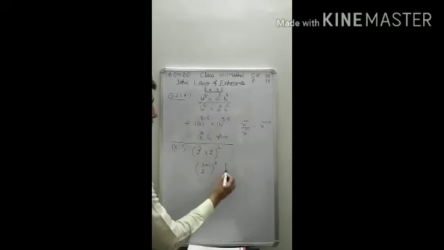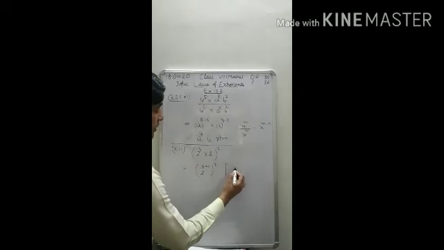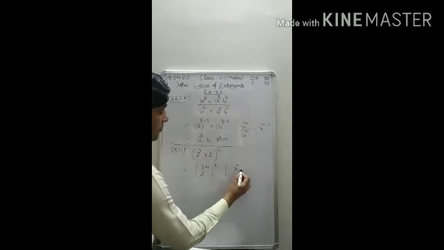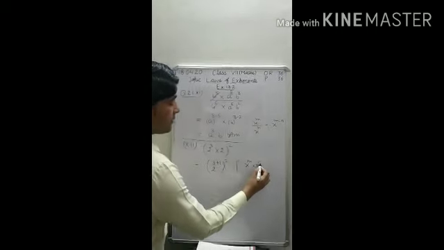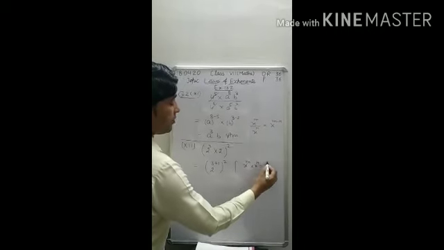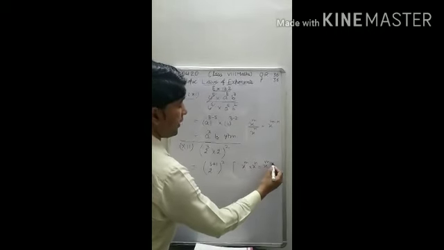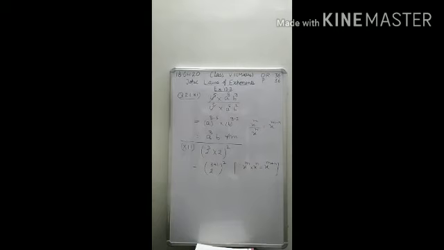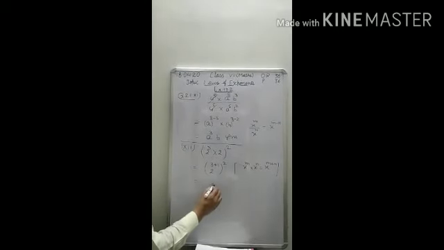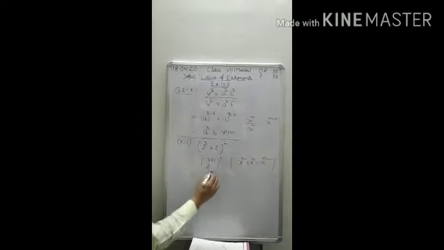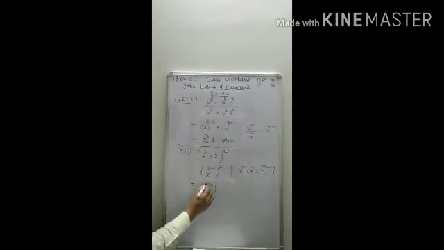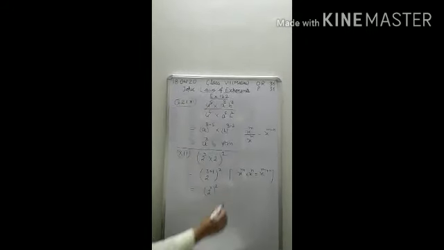And which identity have you used? Because x raised to the power m multiplied by x raised to the power n is equal to x raised to the power m plus n. So accordingly you have to solve it. It will be 2 raised to the power 3 plus 1, that is 4, and whole raised to the power 2.